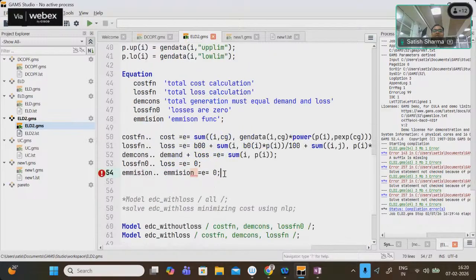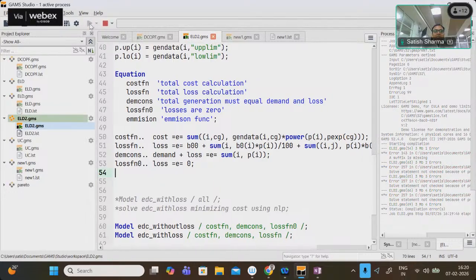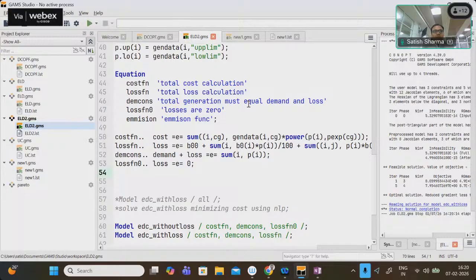So that's why some error is coming. So you can define emission as a variable, but for the time being I'm deleting it, and let's run it. So yes, normally it has been completed.